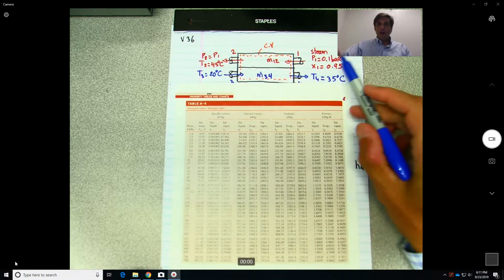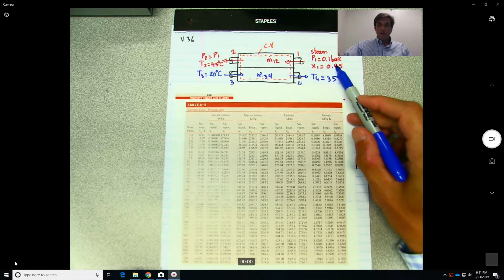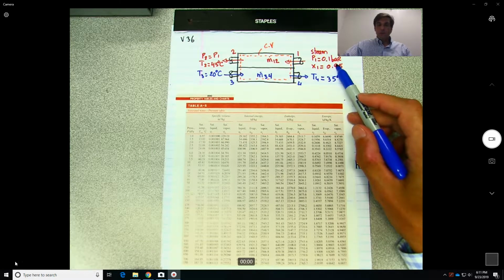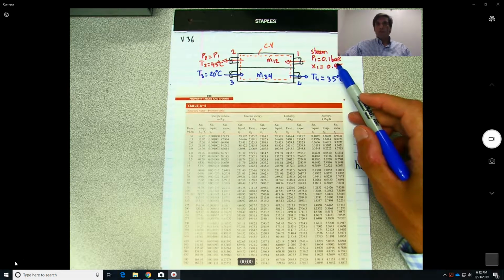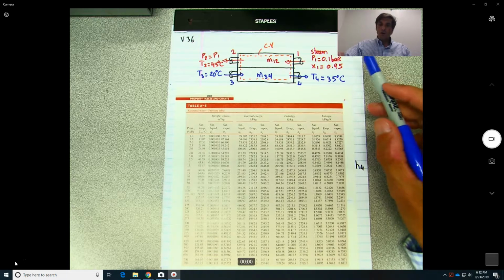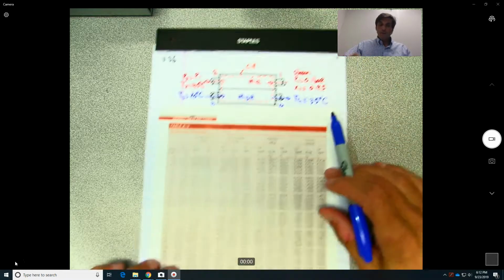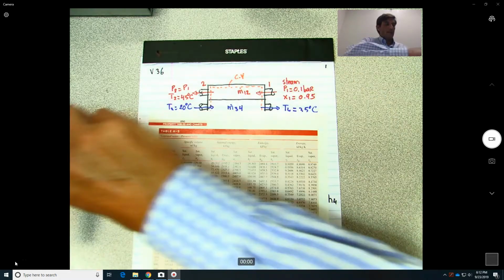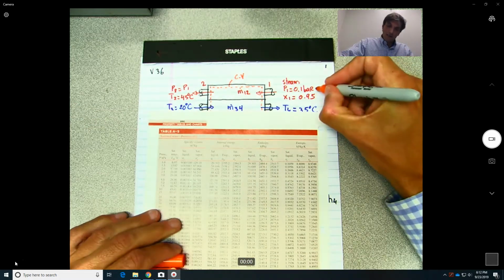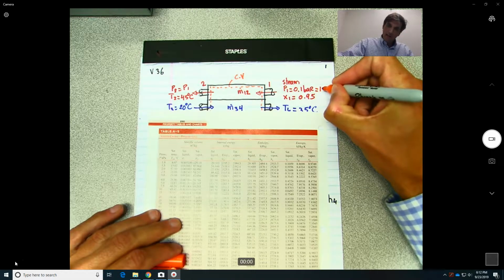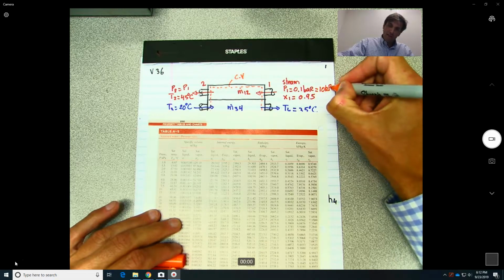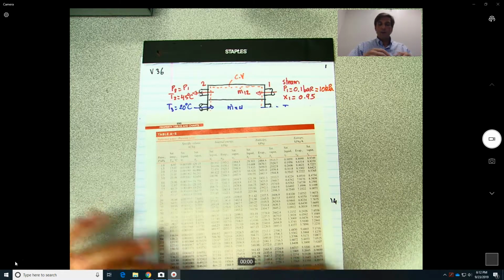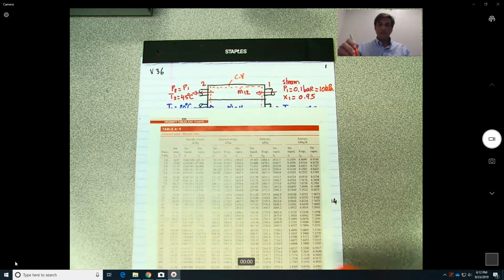So table A5, we know the pressure. So we have the pressure is equal to 0.1 bar, which is basically the same as 10 kilopascals, because we know that 1 bar is 100 kilopascals.